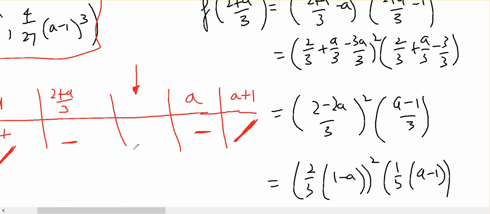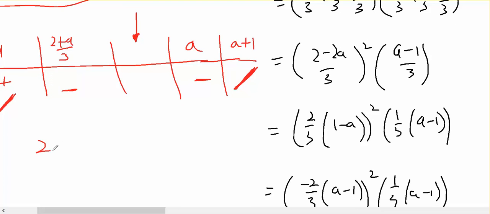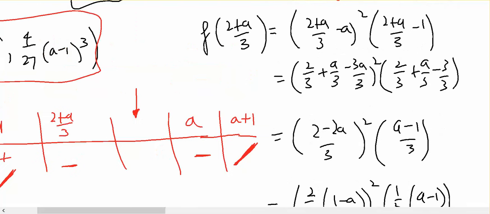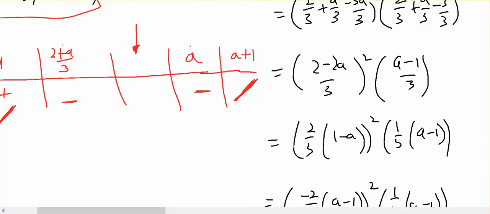Here's my problem, finding something that is in between (2 plus a) on 3 and a. So how do I find a value that is in between this value and this value? Well, if I add these together and divide by 2, that will give me halfway in between them.